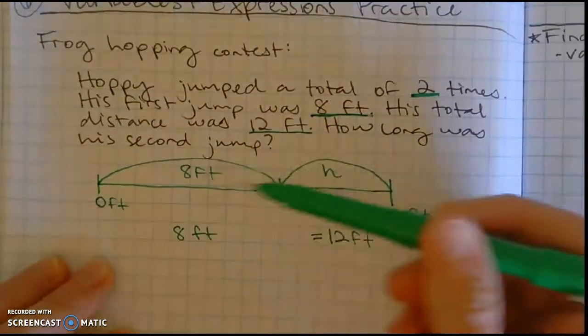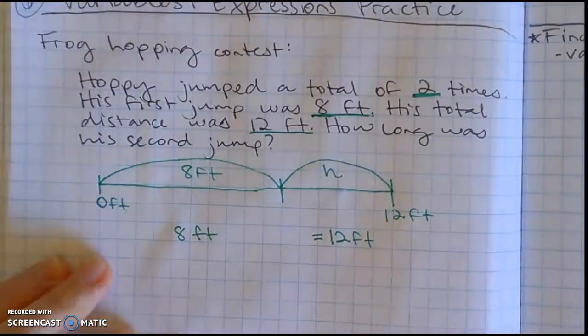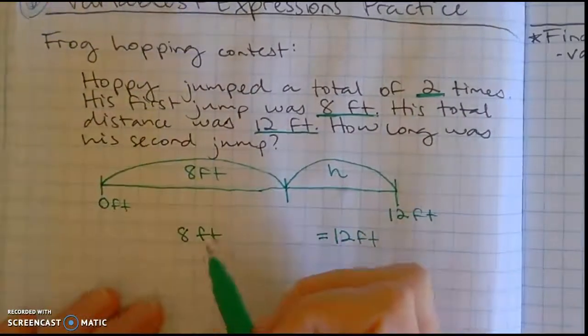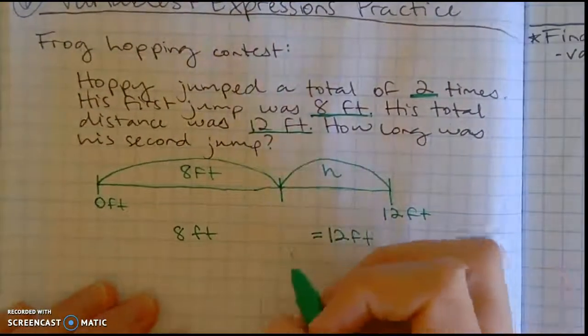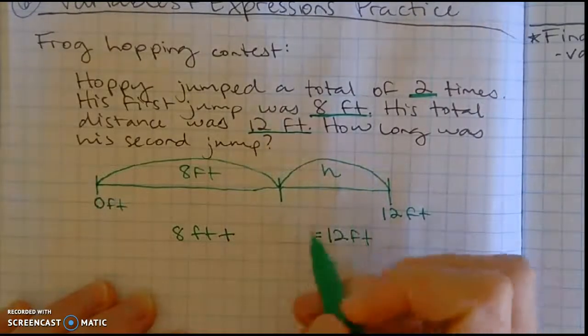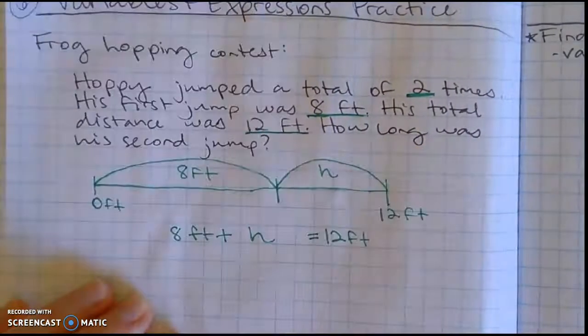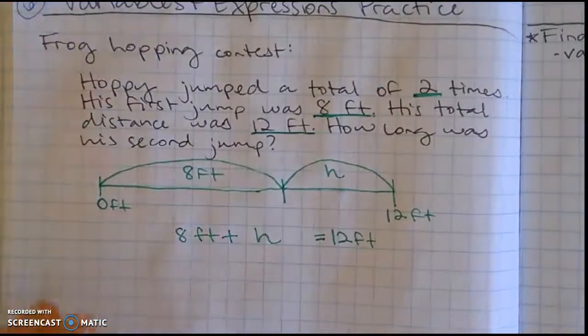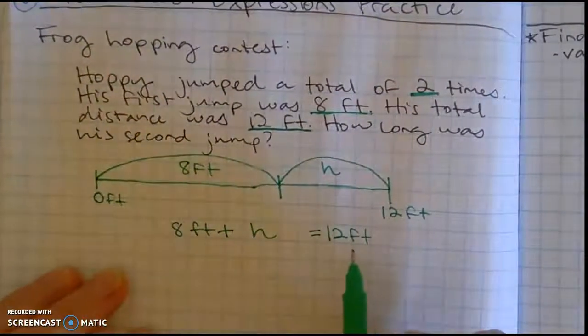Am I moving to the left, subtracting, or am I moving to the right, adding? If you said we're moving to the right, so we're adding, you are correct. Okay, so I'm going to do that plus sign, and because I don't know how long this is, I'm going to just do the variable h. I probably didn't need to put feet in there, but you can if you wanted to.